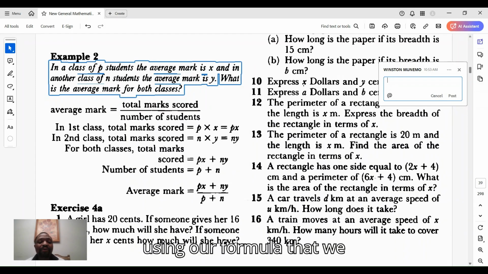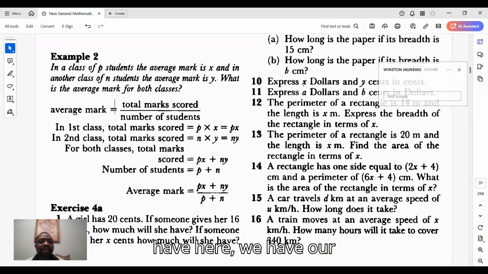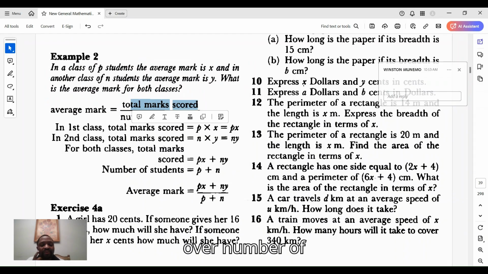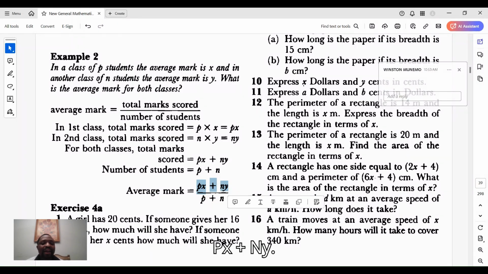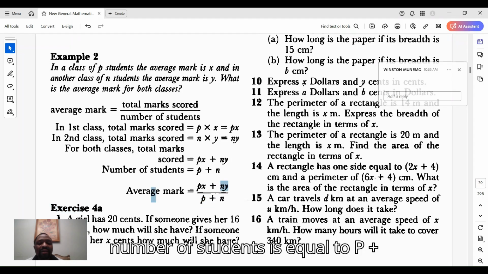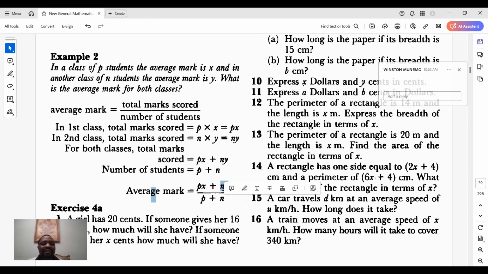Now, using our formula for the average marks, which is total marks scored over number of students, the total marks scored is px plus ny, and the number of students is p plus n.